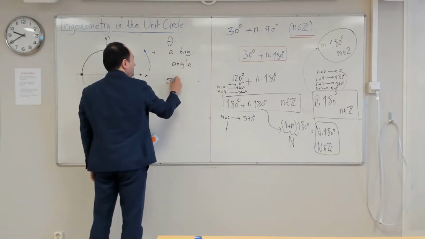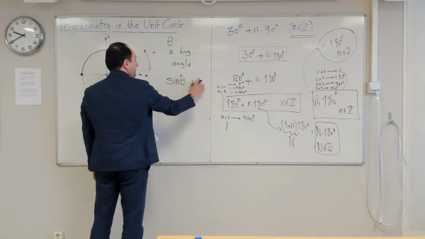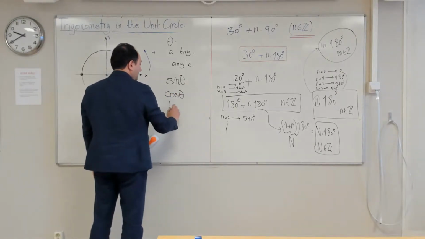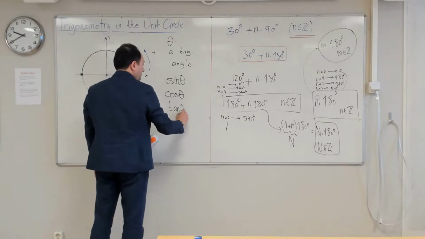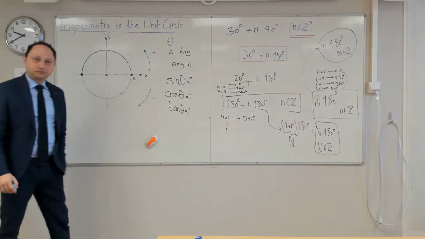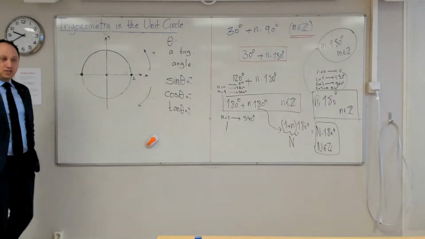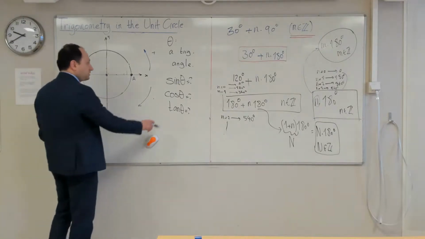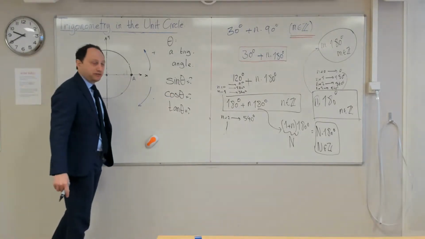I want to say what is the meaning of sine theta, what is the meaning of cosine theta, and finally, what is the meaning of tangent theta. So the definition is a little bit different. Actually, totally different. But for acute angles, they become equivalent.